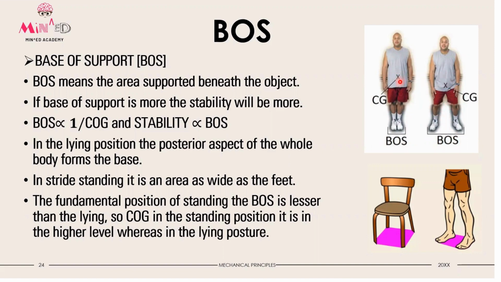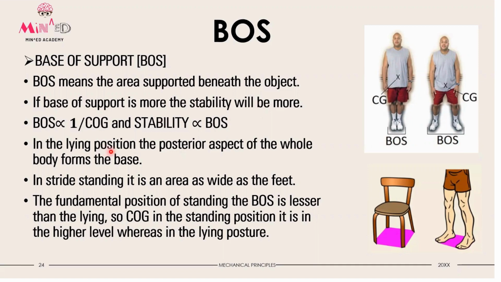And if COG has more distance from the ground, it means less stability. Stability is directly proportional to BOS. It's simple. More base of support, more stability. Less base of support, less stability.